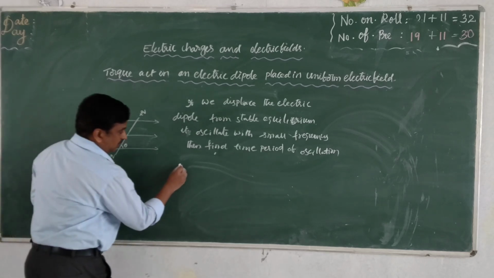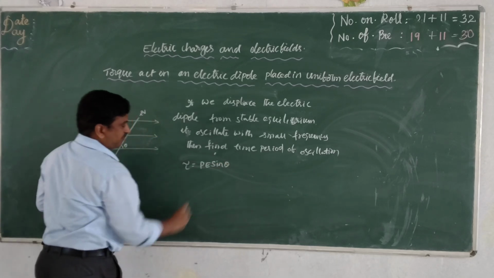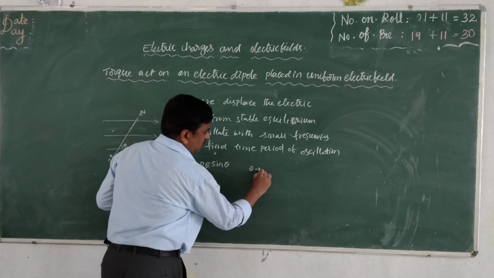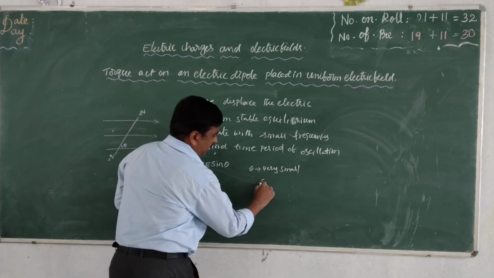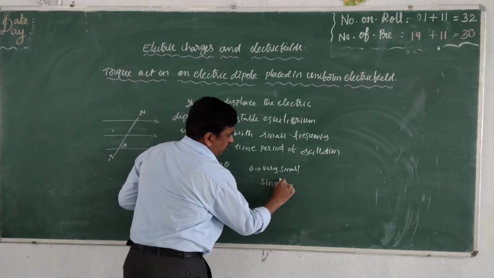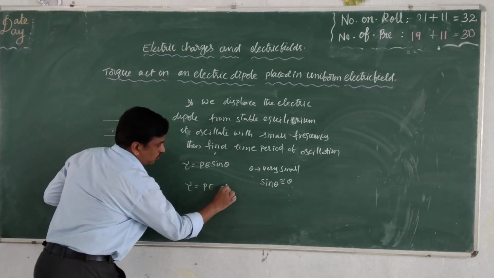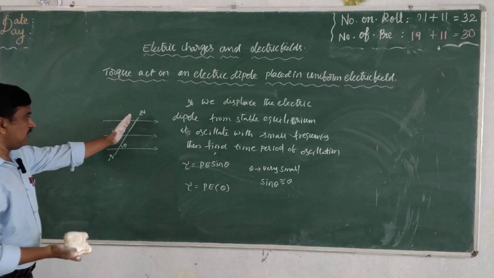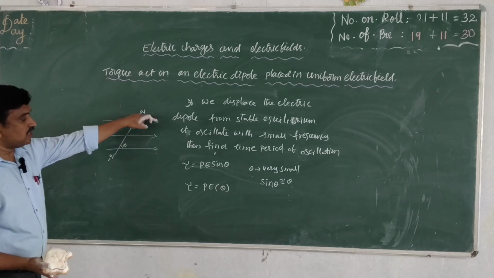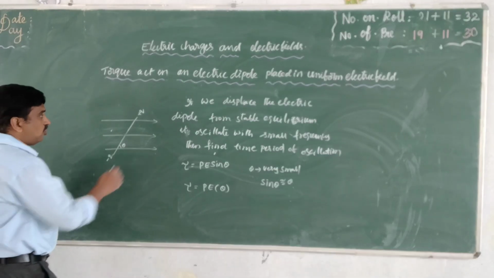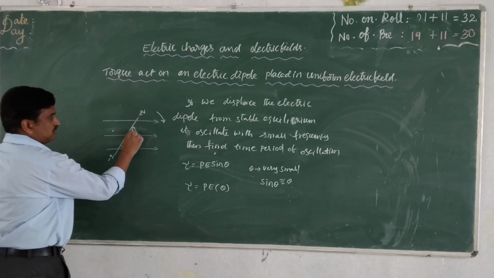What is the torque acting on it? Pe sin theta. Here theta is very small, so we can write sin theta approximately equal to theta. So tau equals Pe theta. The dipole is displaced in this direction while the torque acts in the opposite direction, so the angular displacement theta is opposite to the torque.